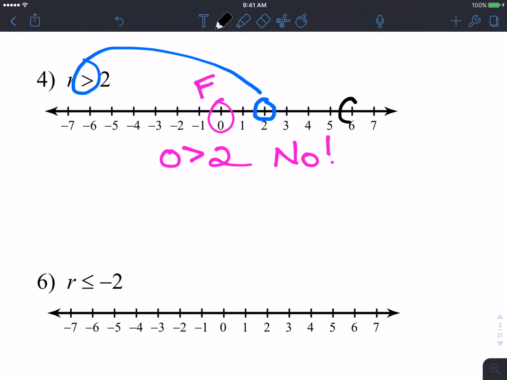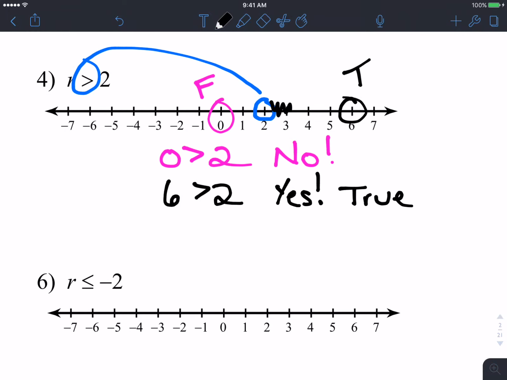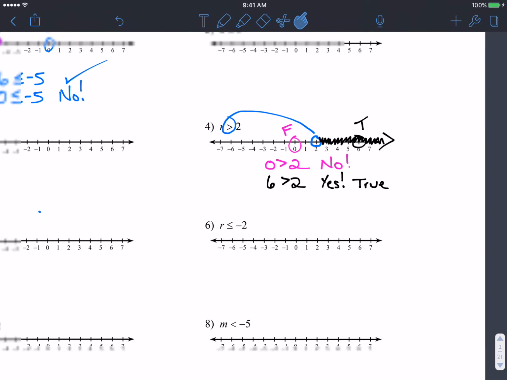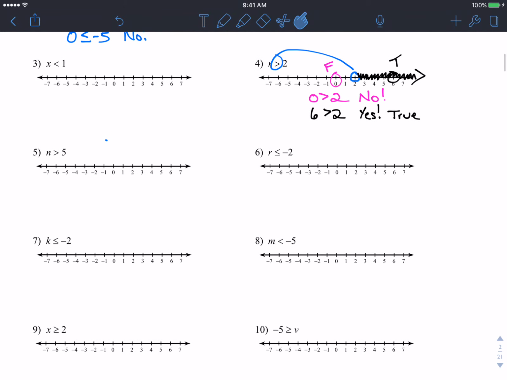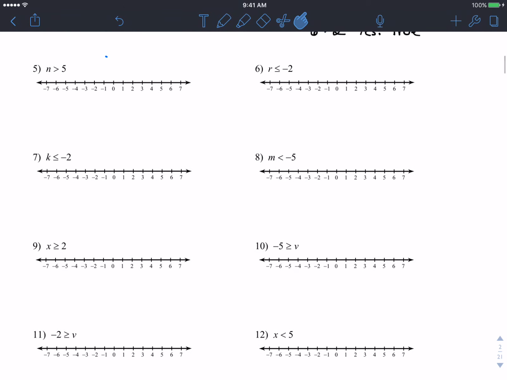So I'm going to pick another one on the other side. 6. Is 6 greater than 2? Yes, it is. So that is true. That means I am shading to the right. And that is how we do single variable inequalities.